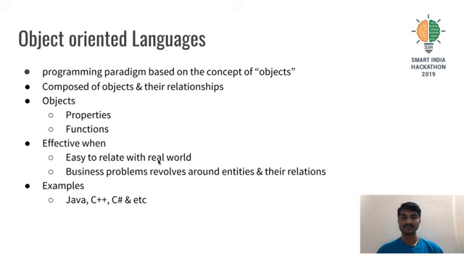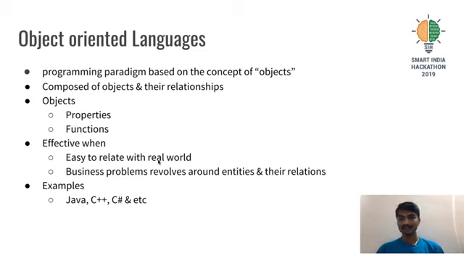For example, human. Human is a class which has common properties and functionalities. From human, we can instantiate an object, for example, I'm Ramesh. So I'm an object. I have properties like height, weight, and so on.